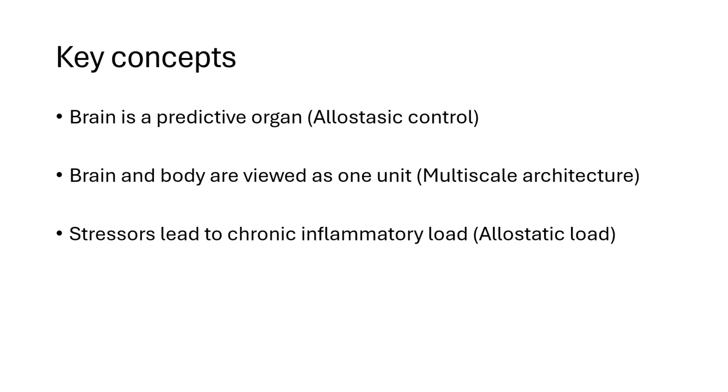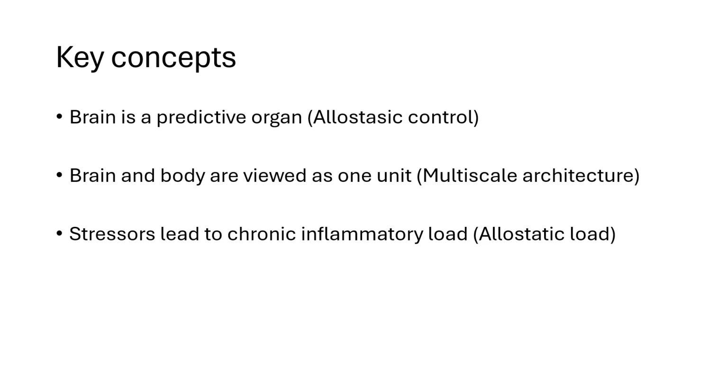It's an area of increasing interest to me, this concept of healing. And there are three key theoretical concepts. I'm just going to flag them up here now. First of all, this concept of allostatic control rather than homeostatic control. So the brain is a predictive organ, a feed-forward organ rather than a feedback organ. The brain and body are viewed best as one complex unit.